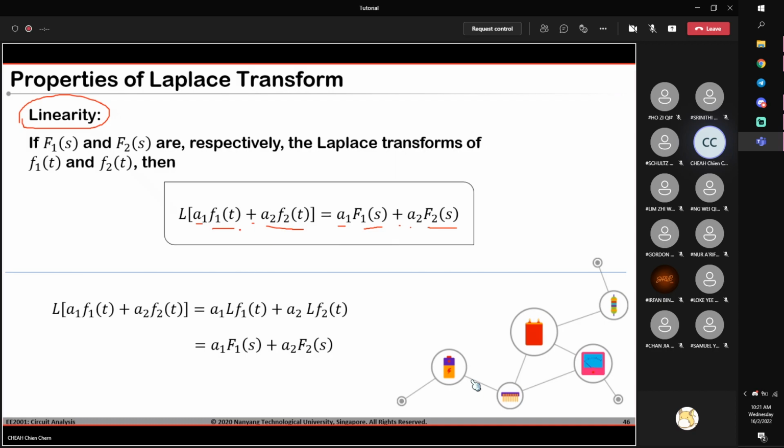This is useful because if I have a linear combination of two signals, I can just take the Laplace transformation of them individually and add them in the linear combination as well. So the whole idea is that you can take a constant out of the Laplace transformation, and then take the Laplace transformation of the remaining one, and you get A1 F1 plus A2 F2.